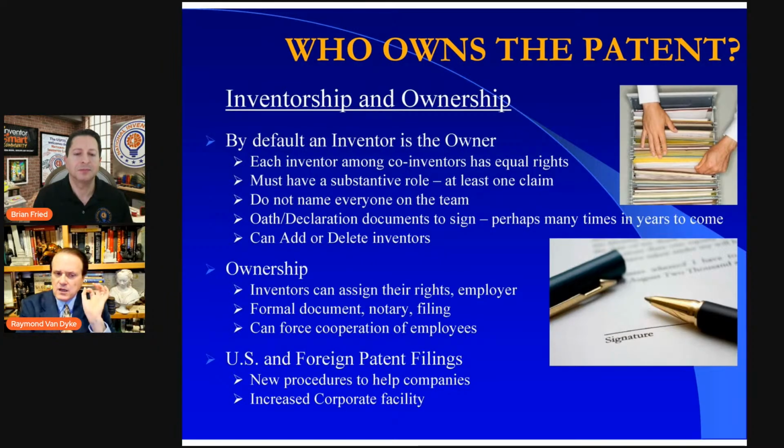Inventors are owners at the beginning, but they may have an obligation, if they're an employee, to assign to, let's say, their employer. So let's say I'm the inventor and I end up getting into a licensing deal, or maybe I sell my intellectual property, I sell my patent.